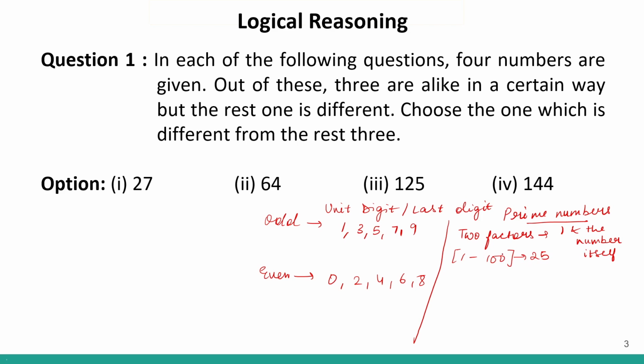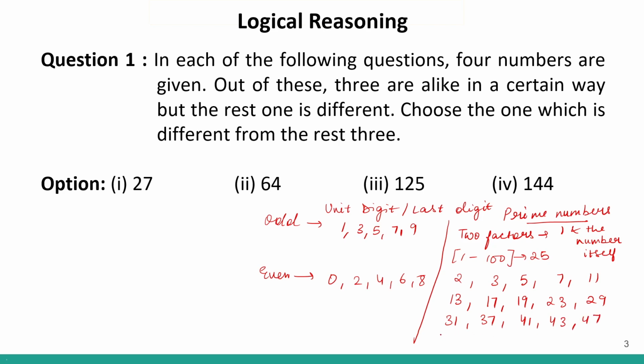What are they? 2, 3, 5, 7, 11, 13, 17, 19, 23, 29. Then we have 31, 37, 41, 43, 47.